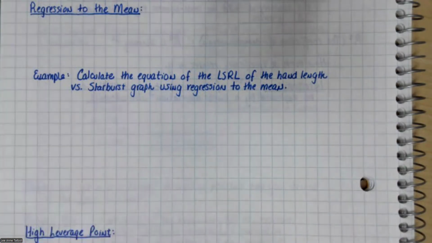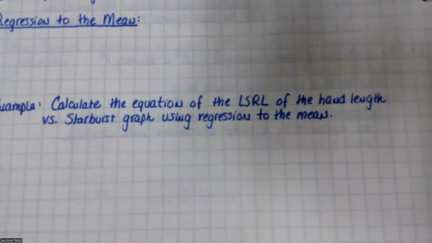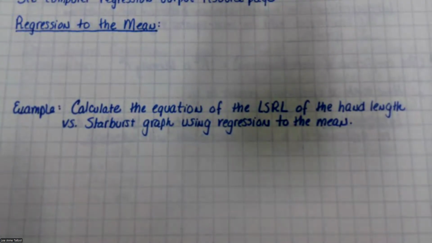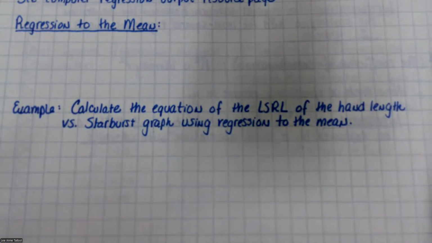Okay, so regression to the mean. I have to tell you, regression to the mean is old school. You know how I was talking about how the 40-year-old accountant isn't going to be whipping his TI-84 out of his briefcase?